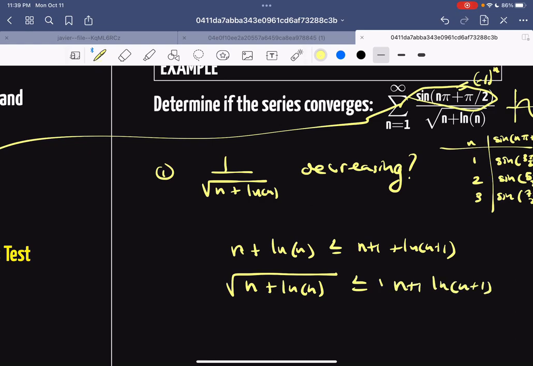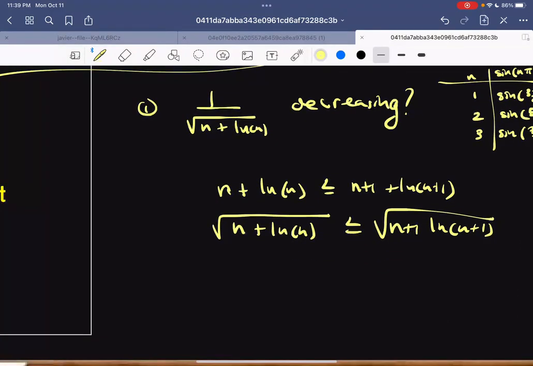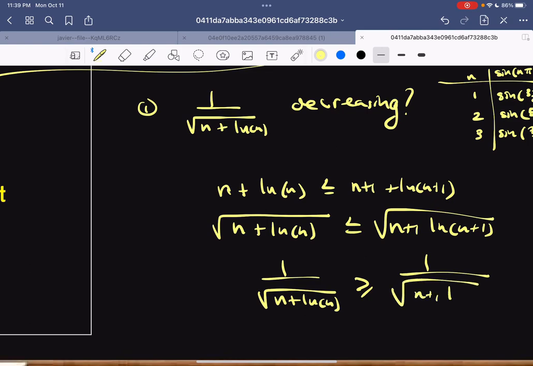We could preserve the inequality. Then flipping it, of course, does not preserve it. It flips it. So the square root of this one, which is a smaller denominator, would give you something bigger than when you have a larger denominator. And so this is, of course, n plus 1, and this is ln of n plus 1.